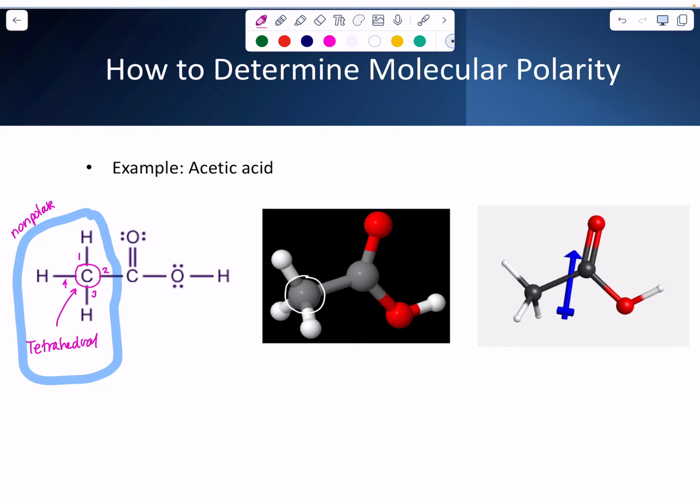All right, so now let's look at the next carbon right here. Let's talk about the geometry at that carbon. So this one right here. What's the geometry going to be around that?